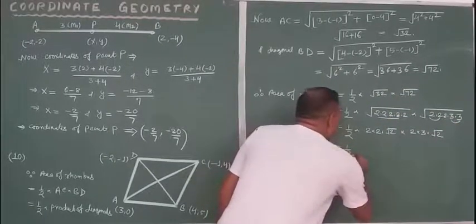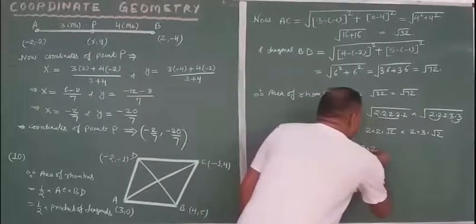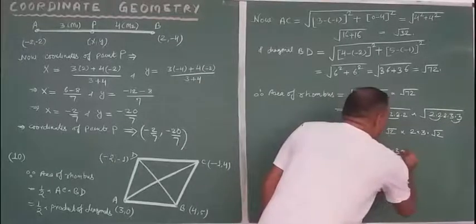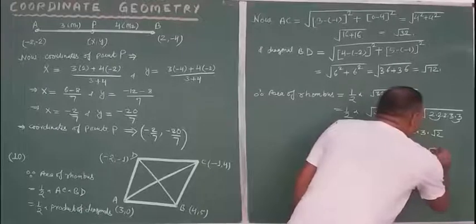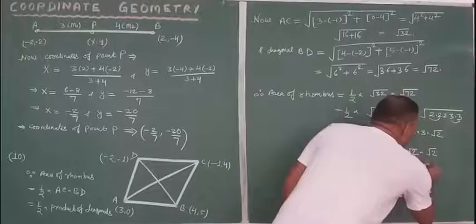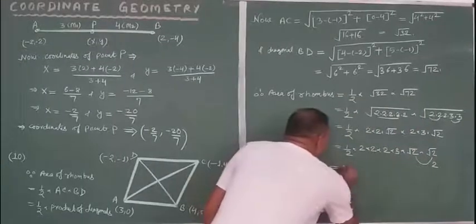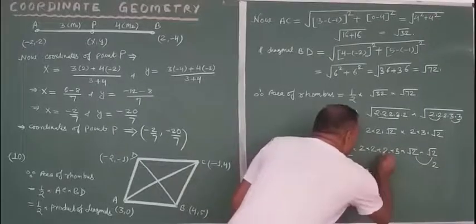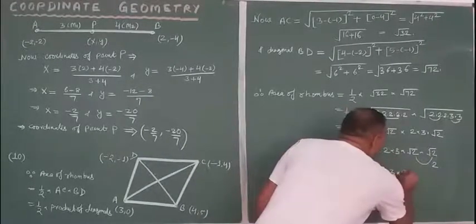So half, this 2 into 2, then 2 into 3, and at last under root 2 into under root 2. The value of under root 2 into under root 2 will be 2. So 1 upon 2 into 2 into 2 into 2 into 3 and into 2.